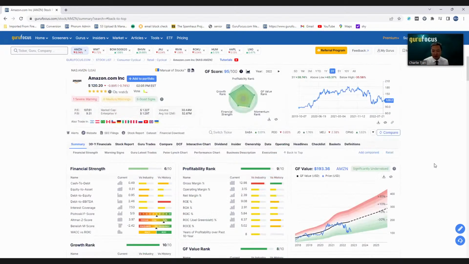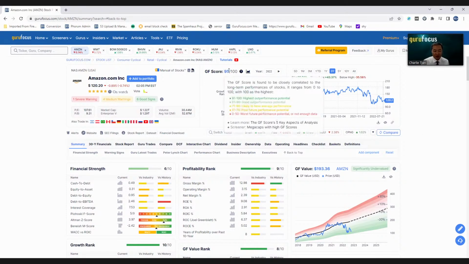It's quite undervalued. Amazon is down actually from the peak about 35%, as it shows here. And also, yeah, we have this GF Score, and Amazon has a GF Score of 95, which is pretty good, 95 out of 100.